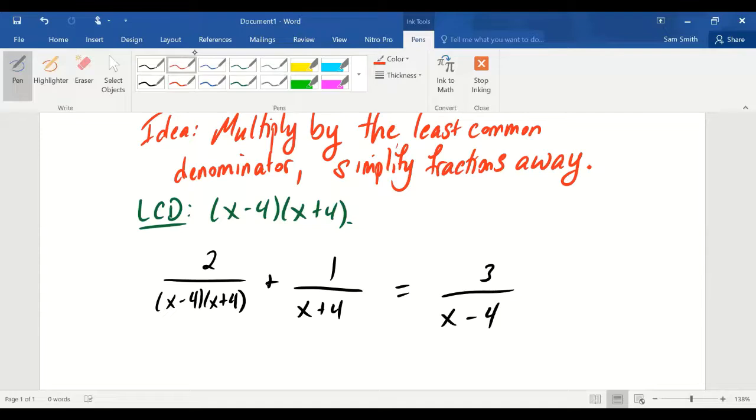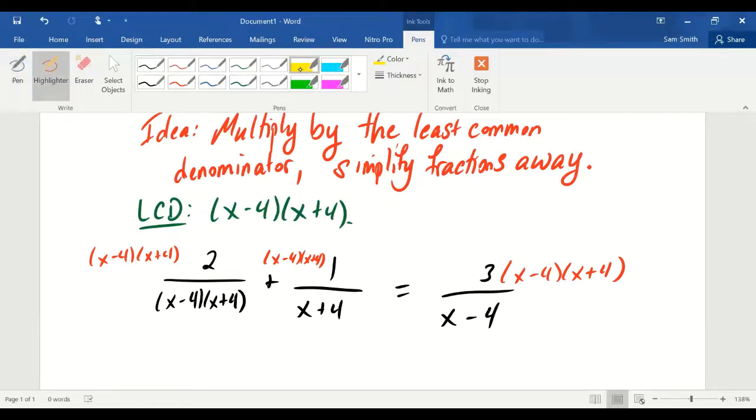I want to go through one by one, and I'm going to multiply each of the fractions by a copy of the LCD, x minus 4, x plus 4. I'm going to multiply all of these fractions by a copy of the LCD. Hopefully this is all legible.